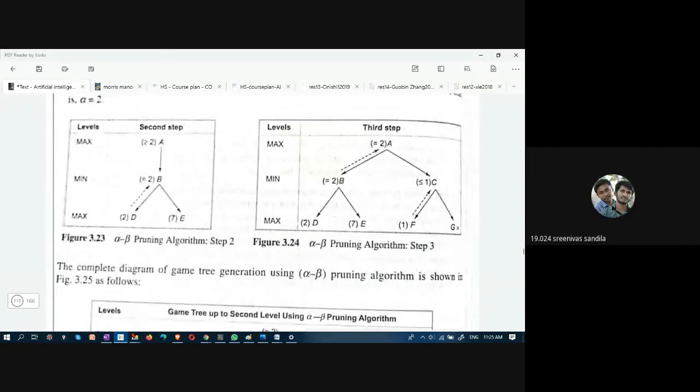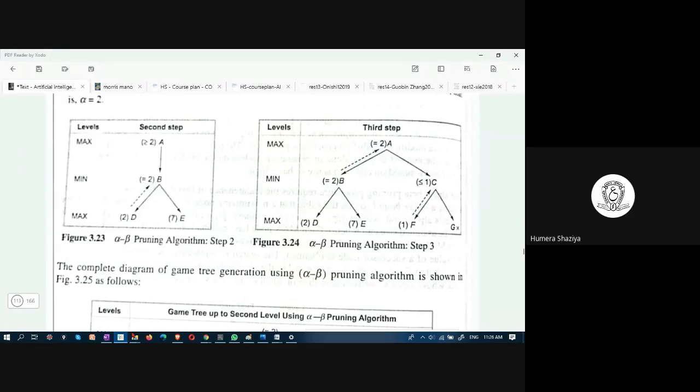Now clear? Okay. Look at figure 3.23, alpha beta pruning algorithm, step 2. When Max has chosen 2, min has chosen 2 because on the other side it is 7. Max's goal is now to choose greater than or equal to 2.